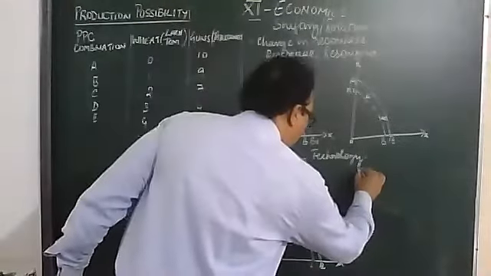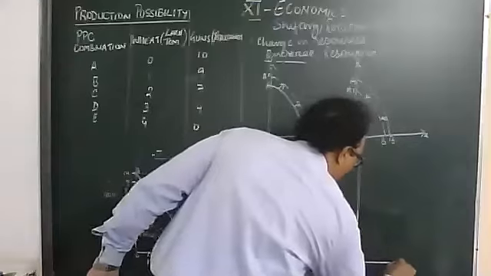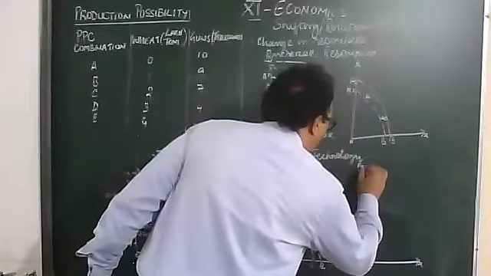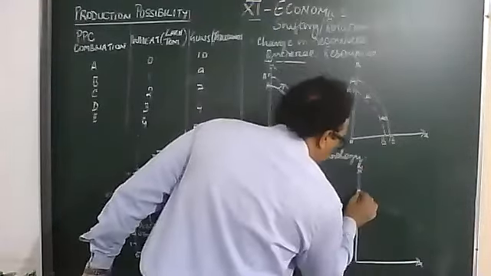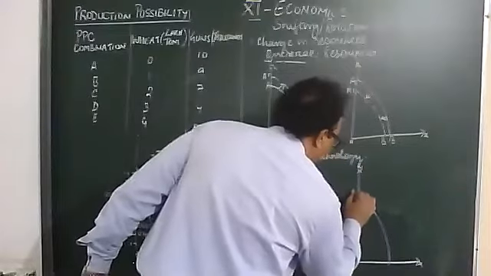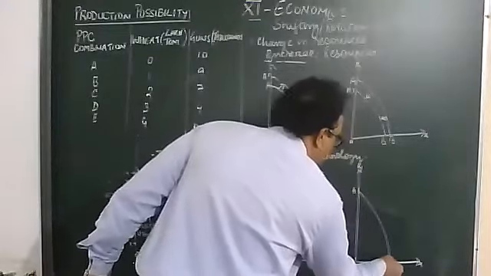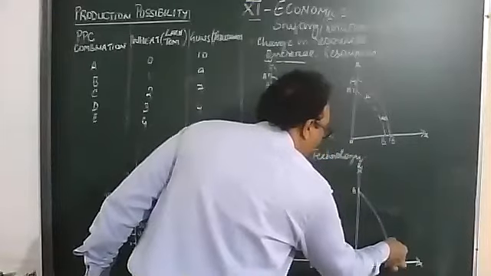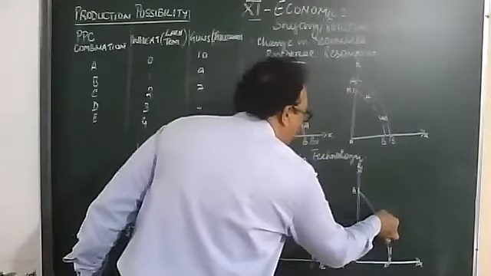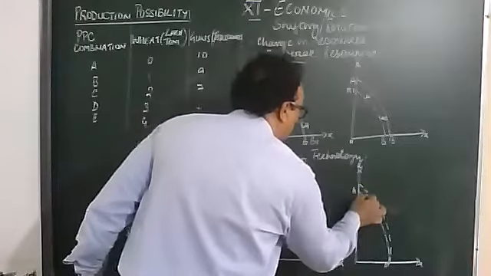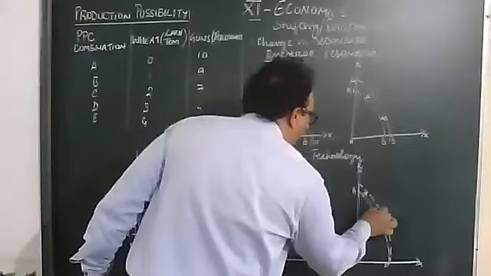So the diagram will be, suppose this was your PPC A and B. This remains as it is C. What is going to increase? Y is going to increase. So there is going to be a rotation towards Y.